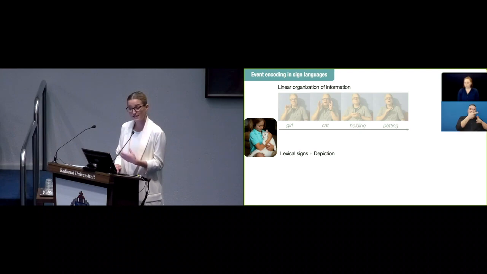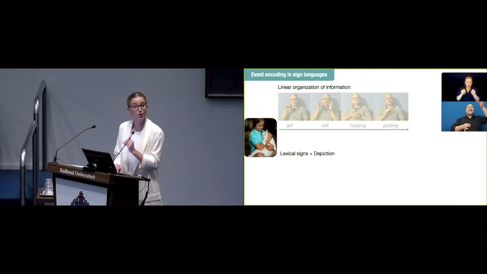However, the visual modality of sign languages allows organizing information not only linearly, but also simultaneously. In the next example, we will see that after introducing both characters by means of lexical signs, the signer uses a depicting strategy to represent the girl and her actions.